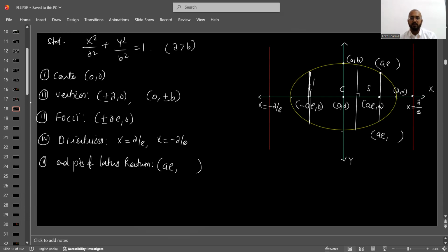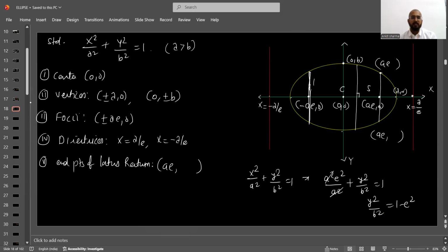Now let's find out. So x square over a square plus y square over b square is equal to 1. Now this point ae comma 0 lies on the ellipse. That means I'm going to have here a square e square over a square plus y square over b square is equal to 1. So this gets cancelled. So I have here y square over b square is equal to 1 minus e square.